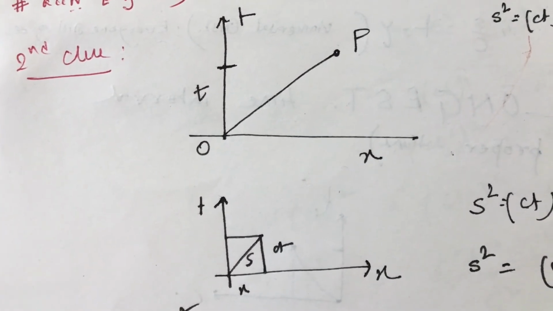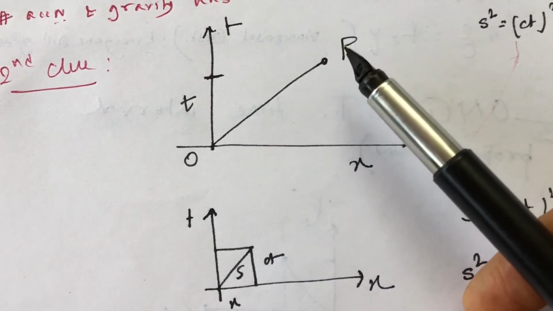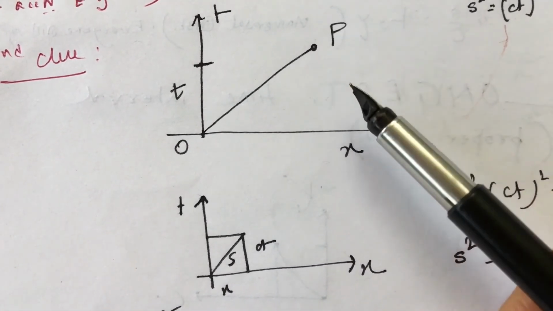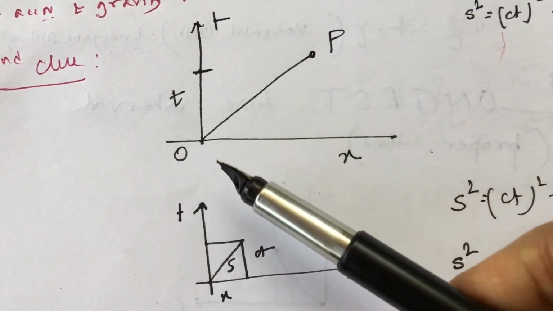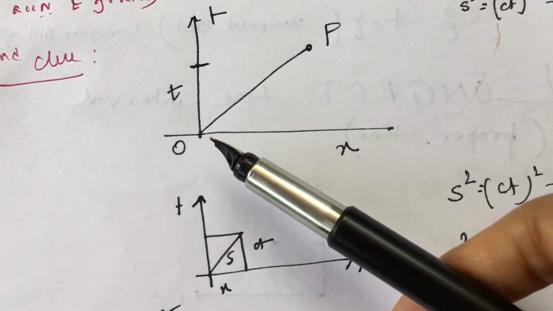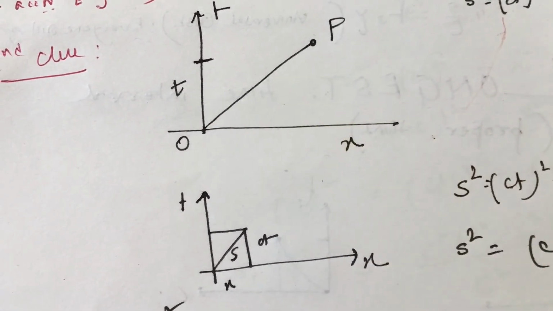If someone is moving like this in a straight line, at a certain time it has also a value of x, and for this straight line t increases and x, that is the distance, increases in equal amount as t increases.